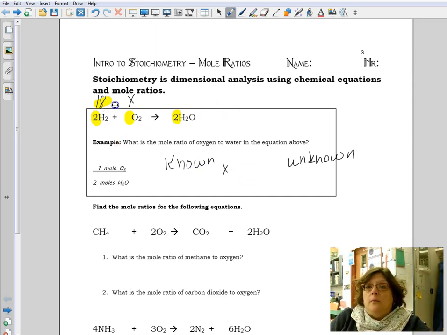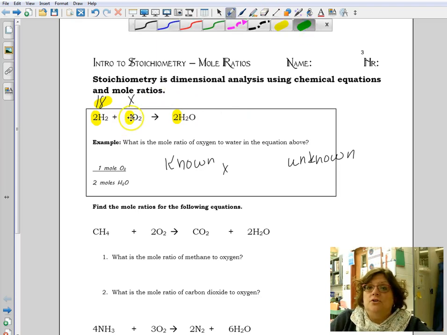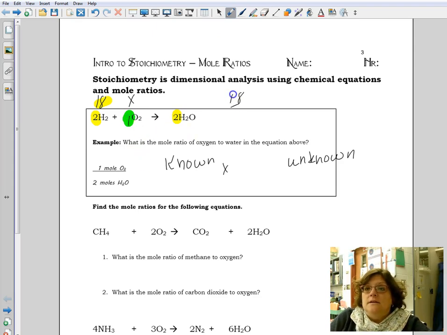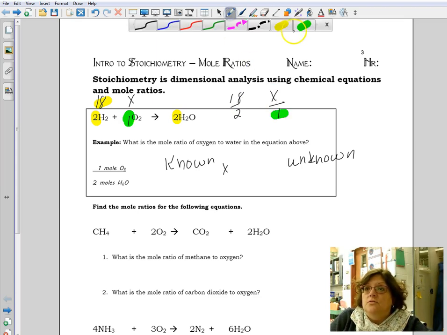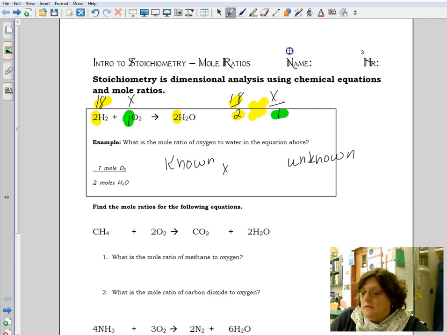Now, I'm going to go back here and change colors. I'm going to change this to green. If I set this up, 18 is to 2, as the unknown is to 1. And let's do yellow here. When I cross multiply, we get 18 times 1 is equal to 2x.